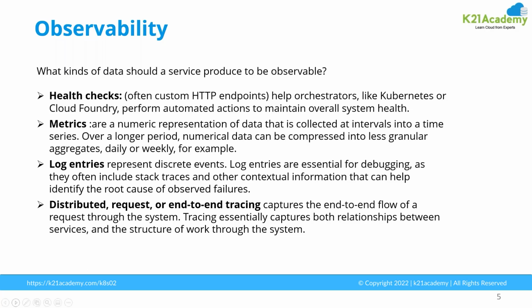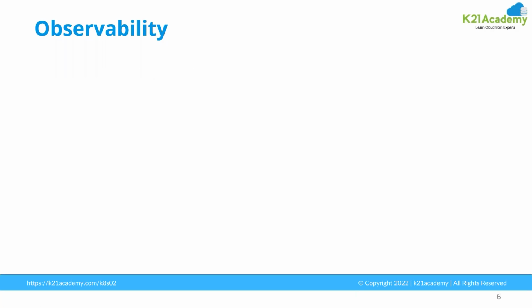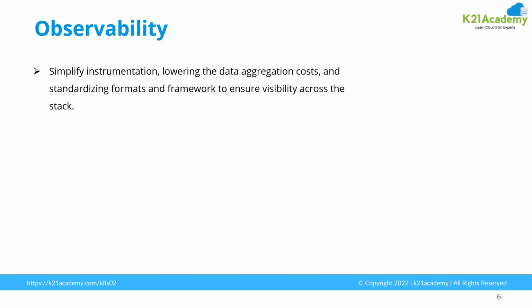So observability has all these features: health checks, metrics, logging, and end-to-end tracing. You have seen that there is various data coming from various sources like health checks, monitoring, logging, and tracing. All these things standardize the cloud native deployments, and based on those logs, you can create your own frameworks to make sure your environment is up 24/7.